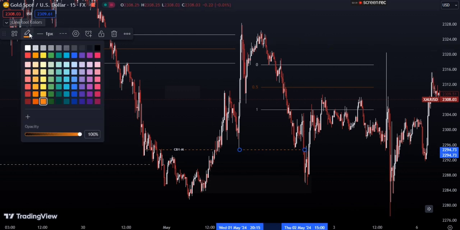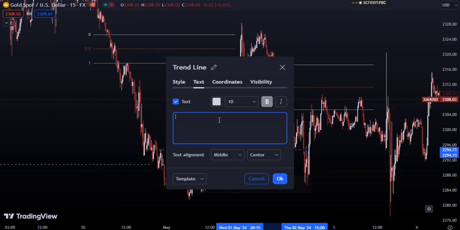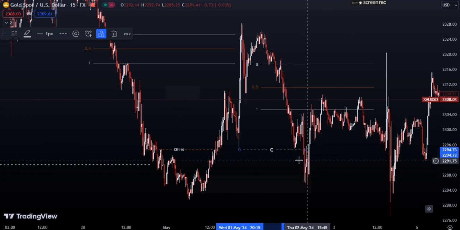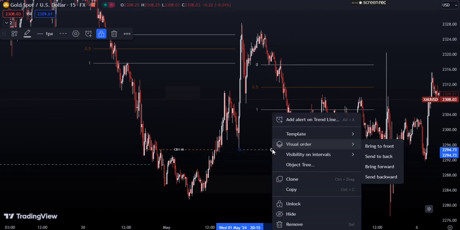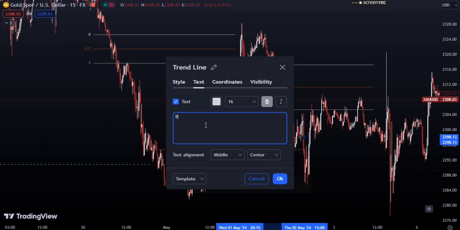Okay. Third log, change of character, 16 points, bold, good. And I'll just clone it. Instead, I'll make it a break of structure.